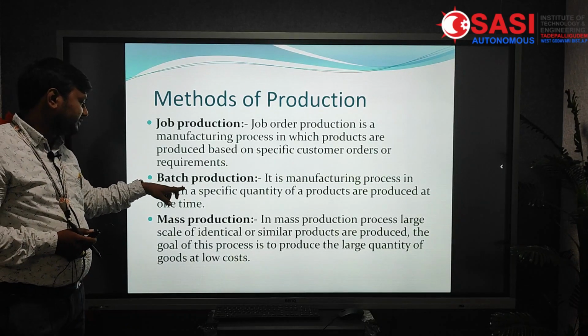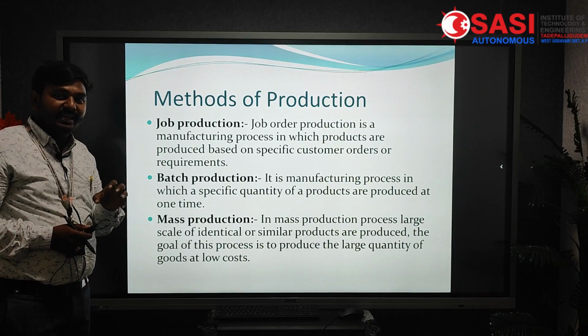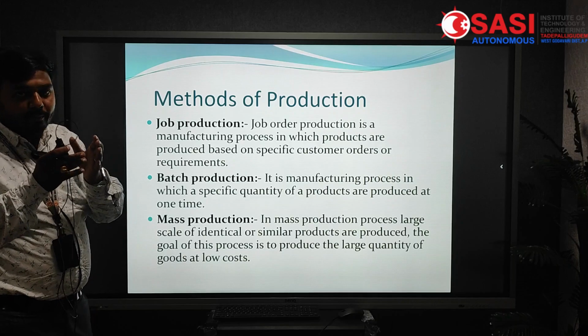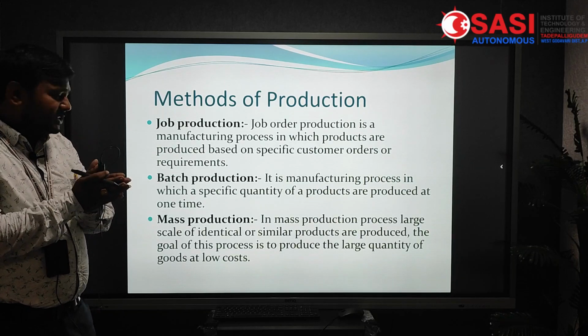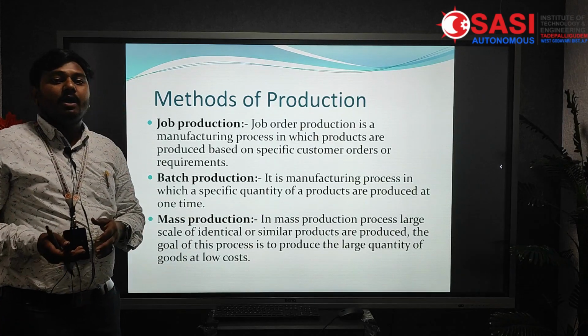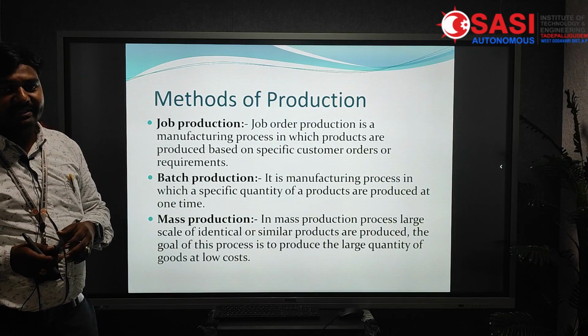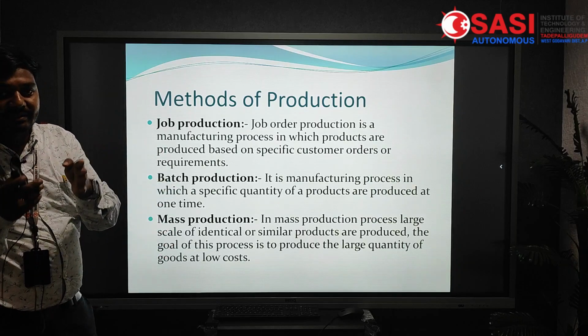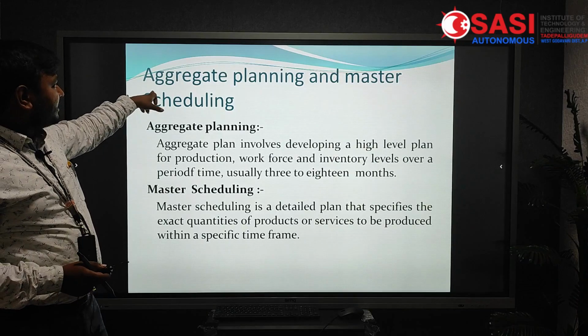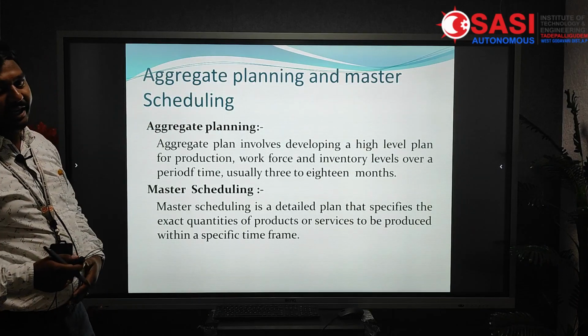As the name itself emphasizes, it is a batch production. Here the production process will go on in a batch process. So mass production in the sense, here a large amount of goods or services are produced which are similar in nature, and we are going to look at the aggregate planning and master scheduling.